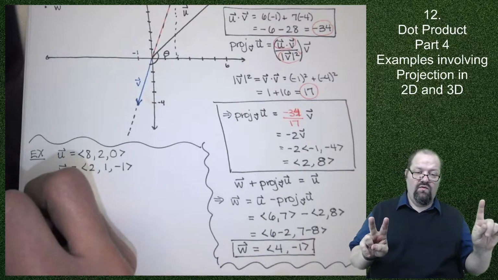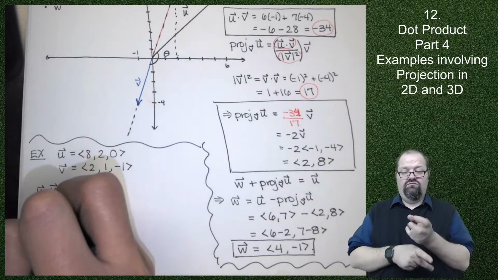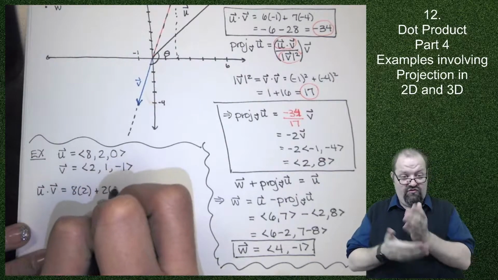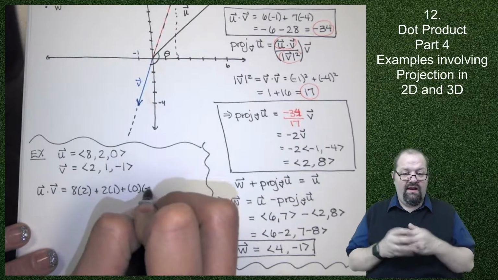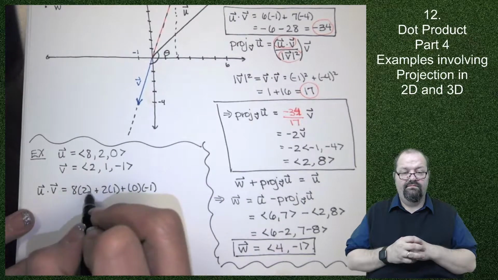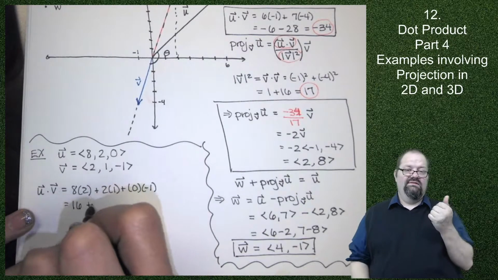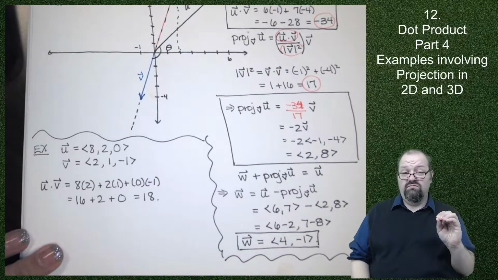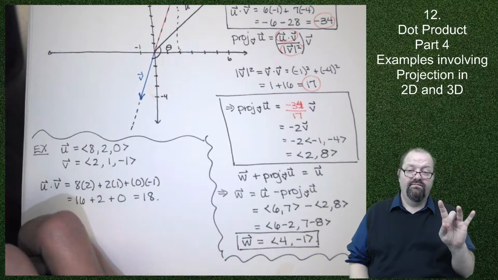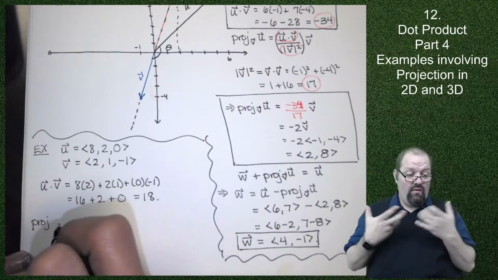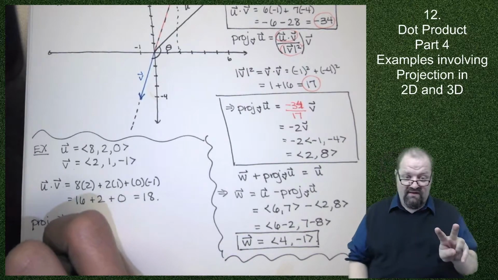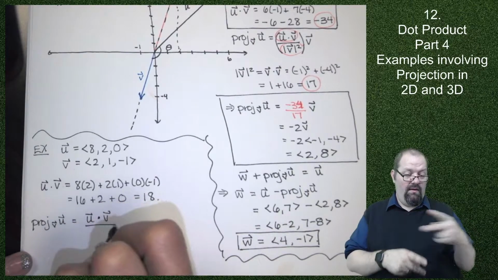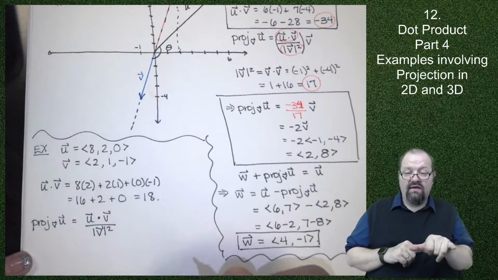We're going to take their dot product, so multiply component by component, and then add. So I've got 16 plus 2 plus 0, so that's 18. And then if I want the projection of U onto V, I write my formula down. I need the dot product, which I just found, divided by the length of V squared.